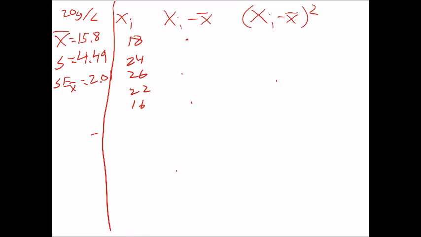So we add those up, and we're going to divide by 5, our sample size, to get a mean. And when we do that, we end up with a mean of 21.2 for the 40 gram per liter sample.